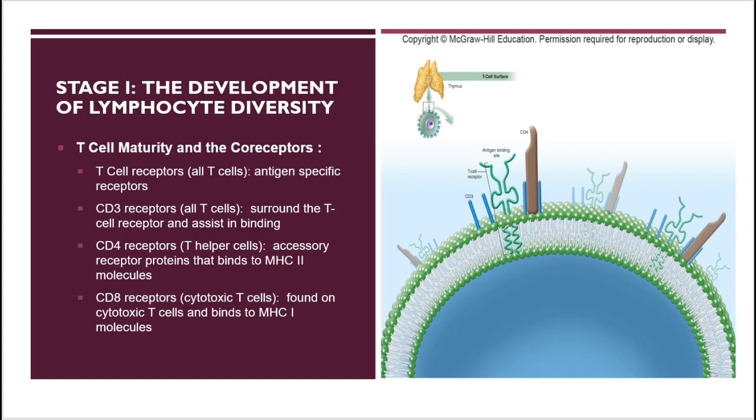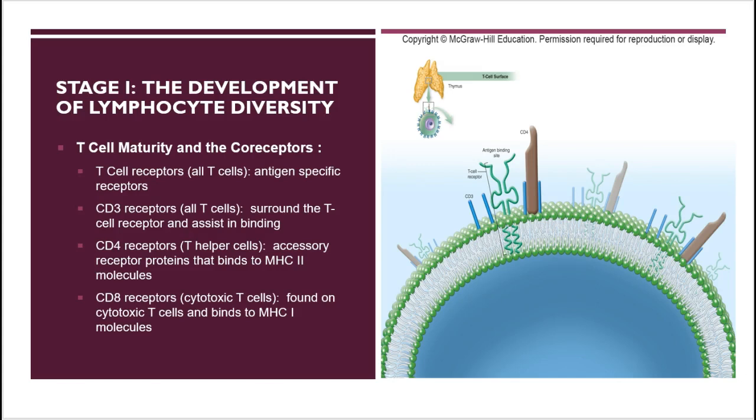T cells also possess what's called a CD3 receptor, and these receptors surround the antigen-specific receptor and assist in the antigen binding to that receptor. Helper cells also have what are called CD4 receptors, and this is an accessory receptor protein that binds to the MHC2 molecules.